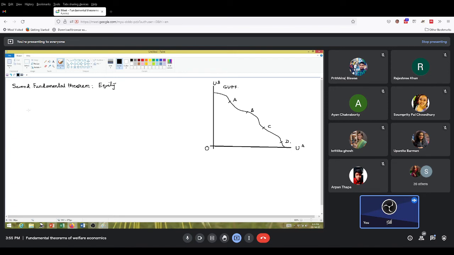What the theorem says is that each point on the GUPF corresponds to an initial distribution of resources.